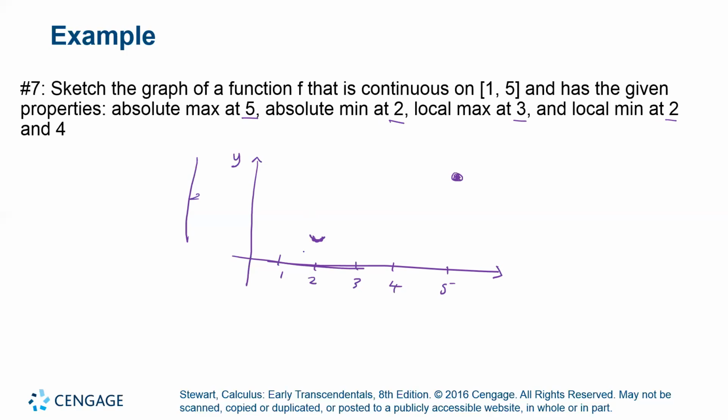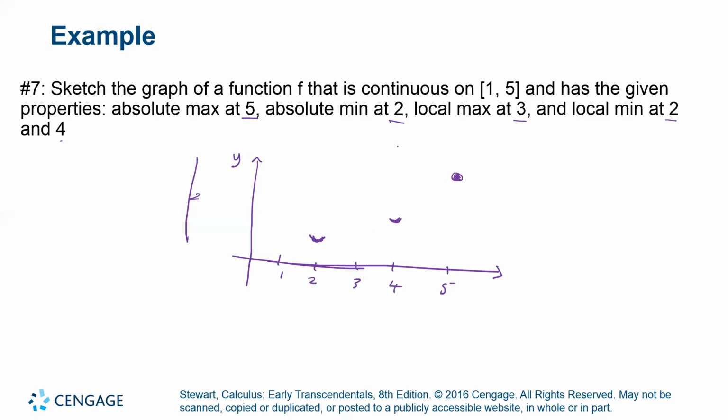Now, it says that we have a local maximum at 3. Now at 4 too, there's a local minimum. Since 2 is the absolute minimum, the local minimum value at 4 cannot be below that. It has to be up. So at 4, we have something like that also.